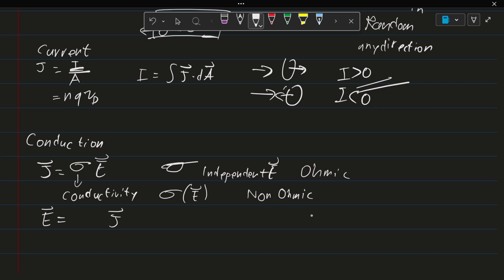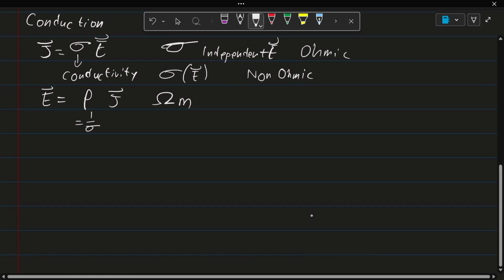The idea is that it's 1 over sigma, or I will call this value rho, which is 1 over sigma. This is called the resistivity, with units ohm meters. So we have talked about conductivity as well as resistivity, which are concepts held by the material itself. It's like the property of the material.